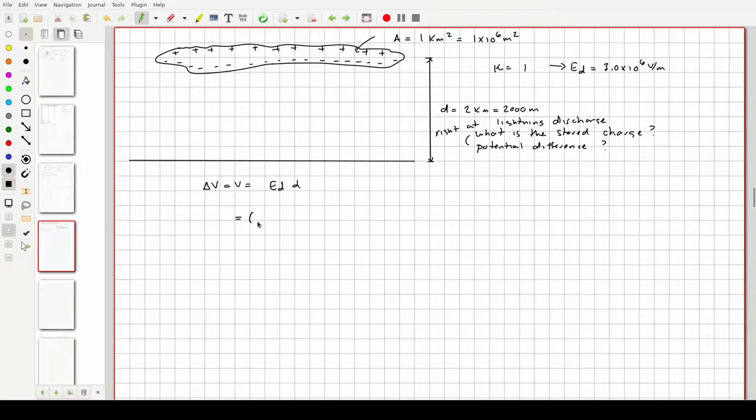So 3.0 times 10 to the 6 volts per meter with 2,000 meters. So 3 times 2 is 6. You have 6 here, a 3 here.